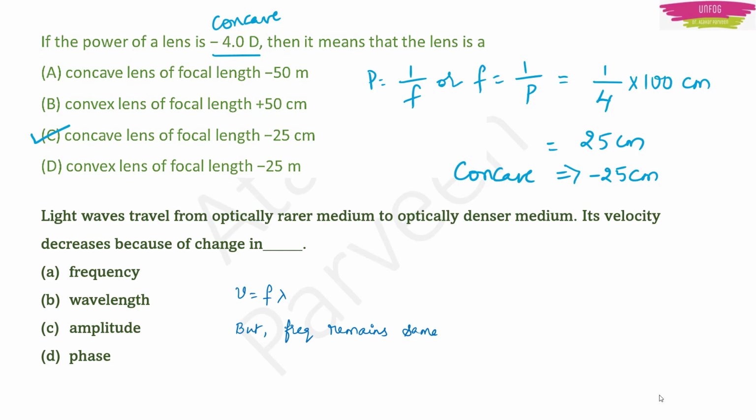So V is proportional to wavelength, but then it is proportional to frequency also, but then frequency remains same when the light travels from optically rarer medium to optically denser medium, or optically denser medium to optically rarer medium. Frequency is not affected. That's why velocity will decrease because of change in wavelength. Option B will be the right answer.